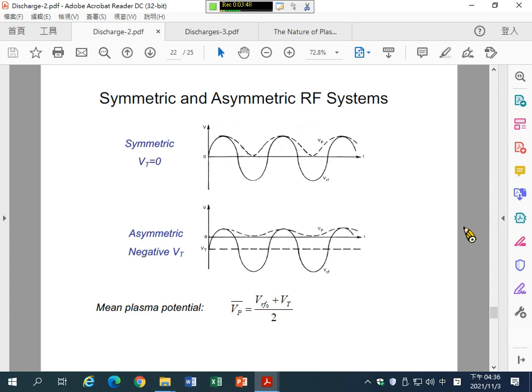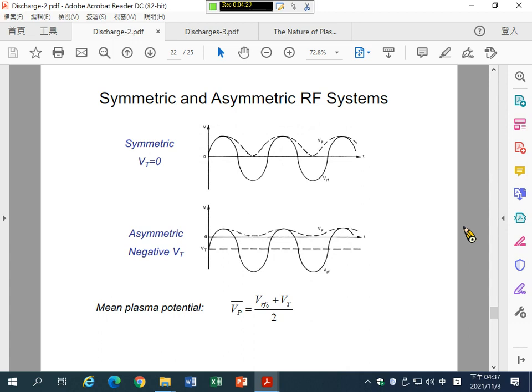So at this first half cycle, the plasma potential is higher than the positive polarity on the RF hot electrode, and also larger than the ground potential here. So this is the difference of the plasma potential and the potential on the RF hot electrode. This is the sheath voltage here, and here is the sheath voltage on the ground electrode.